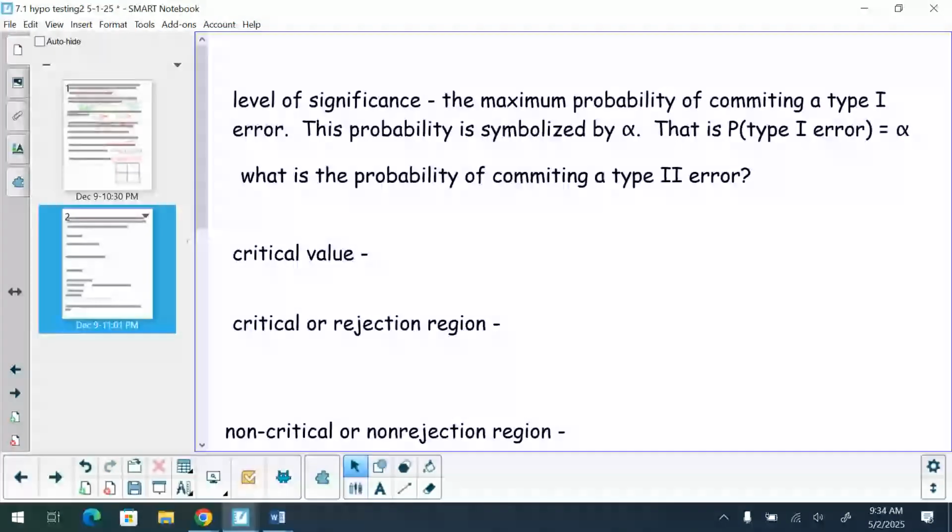And if you look at your t-table, along the top of your t-table, what we've already dealt with is the top line, which was called the confidence interval, which we dealt with last chapter.